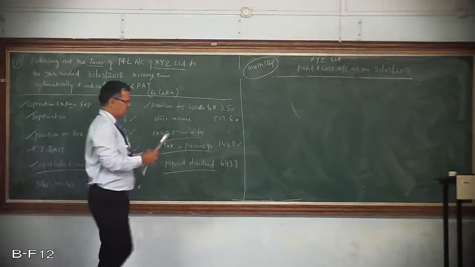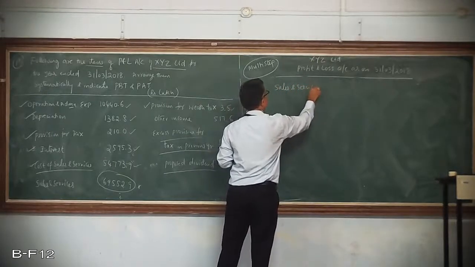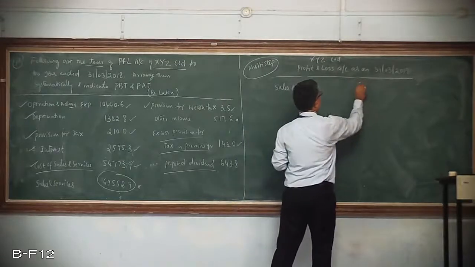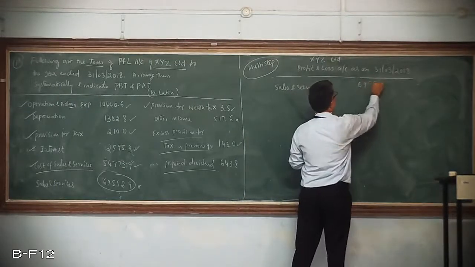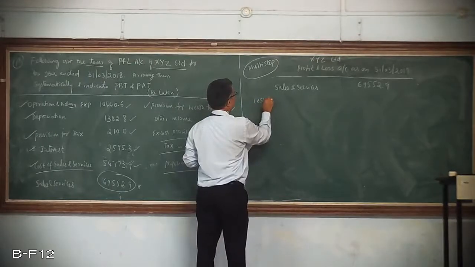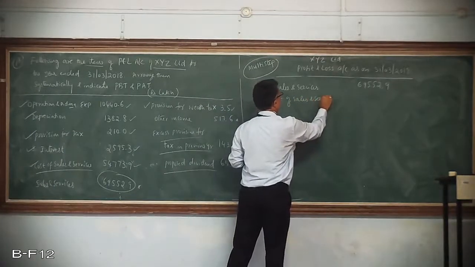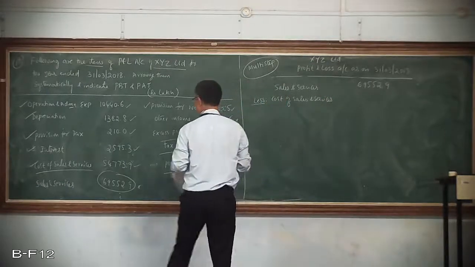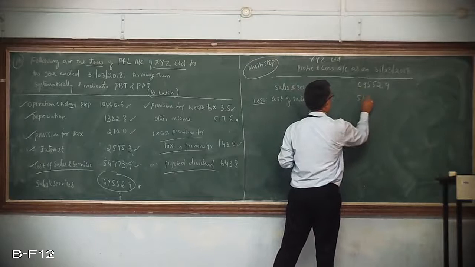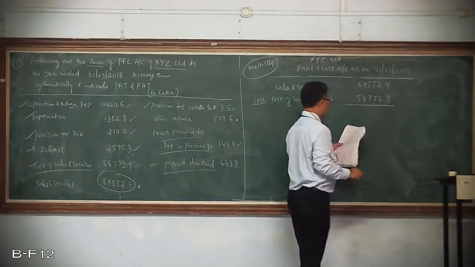Now, find out the sales and service figure, that is 69,552.9. Sales and services, that is 54,773.9. That is, so you are going to get a gross profit.